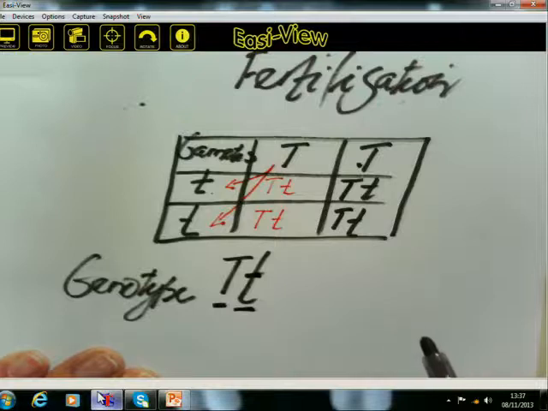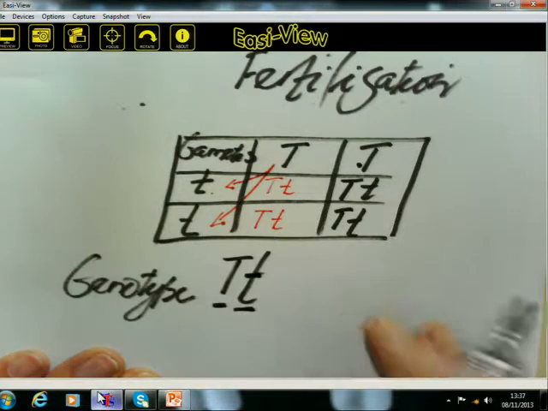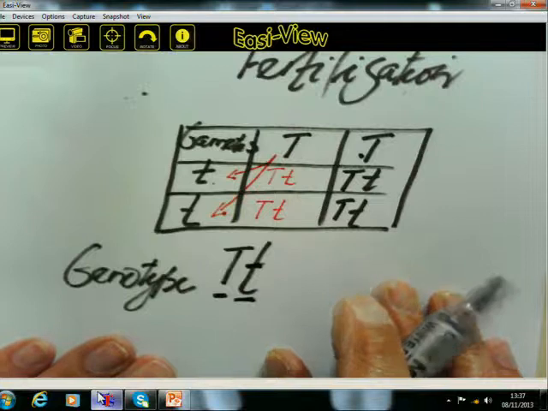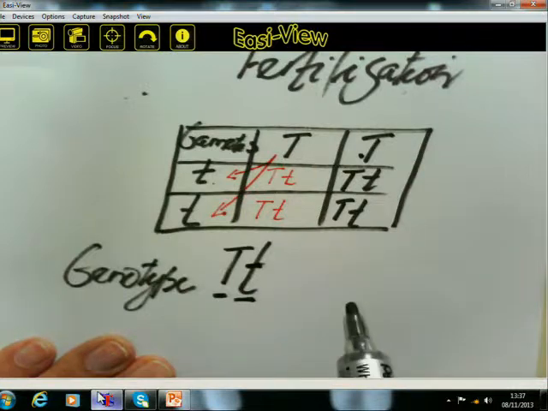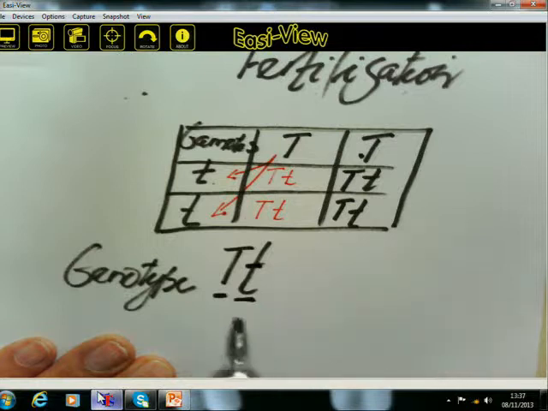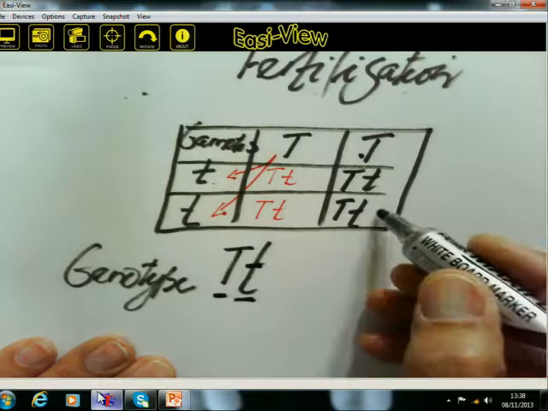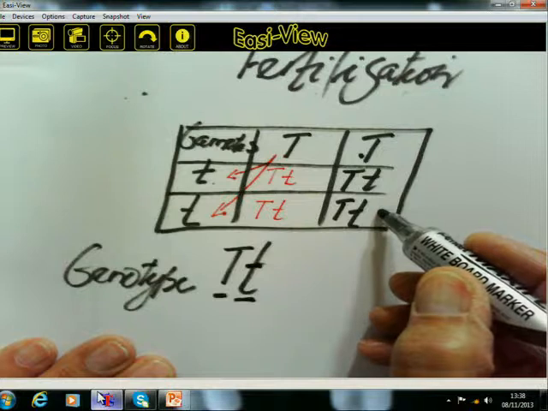In this specific example, you will see again a capital T and a small t. The capital T, which represents a tall growing plant, therefore is the dominant gene, the dominant allele, whilst the small t is the recessive allele in this specific example. And that's why what we will see is determined by the dominant characteristic, the dominant gene or the dominant allele. That's why the offspring here will all be tall growing plants.